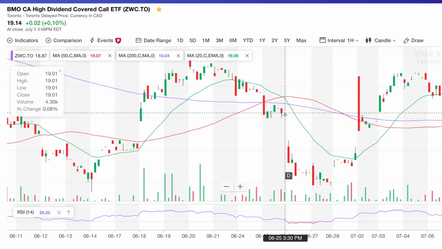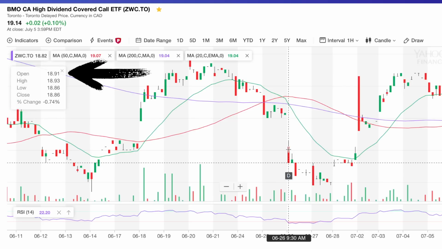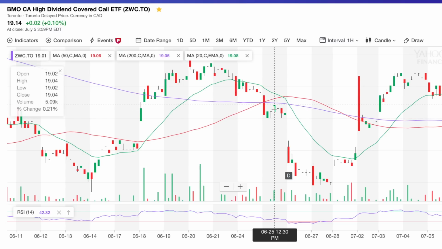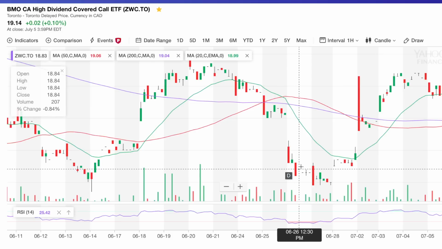And if we take a look at the price, the close was $19.01, and it opened in the morning at $18.91. So a drop of 10 cents on a dividend payout of 11 cents. So approximately the price of the dividend payment. So really, when it comes to monthly income, does it matter? Like the people that bought it here today and owned the shares and got the 11 cents, or the people that got it here also got that 10-cent valuation difference.